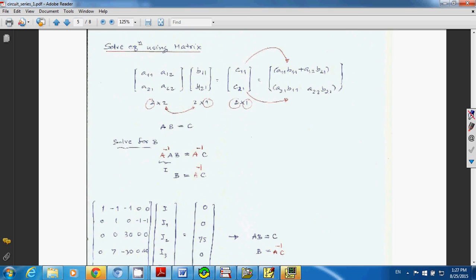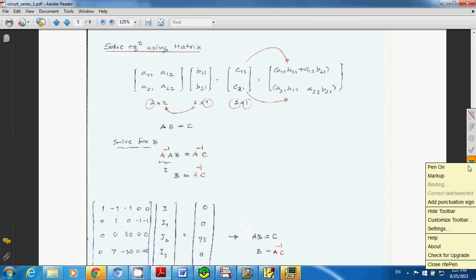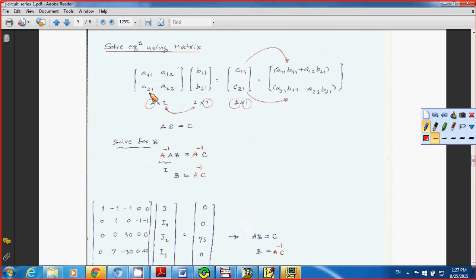In this case, you're looking for currents I1, I2, I3, and I4. Okay, let's refresh a little bit about matrices. The way to multiply matrices: if I have matrix A multiplied by matrix B, let's call the result matrix C. To be able to multiply matrices, the number of columns of the first matrix needs to equal the number of rows of the second matrix, and then the result matrix ends up with dimension 2 by 1.